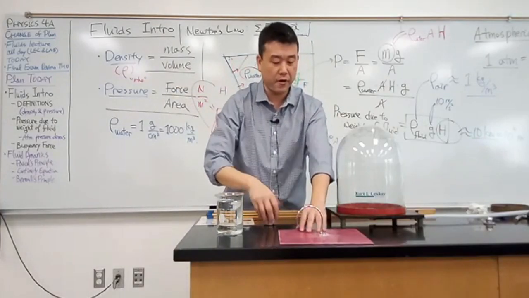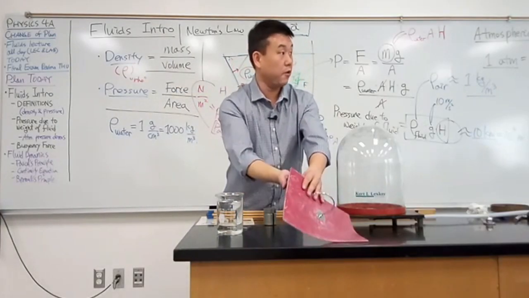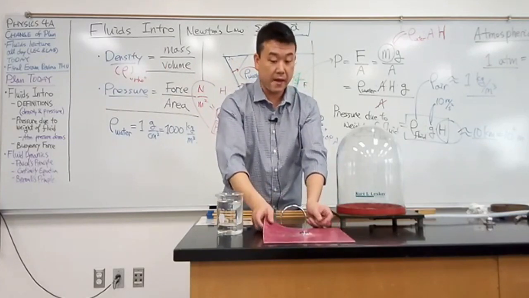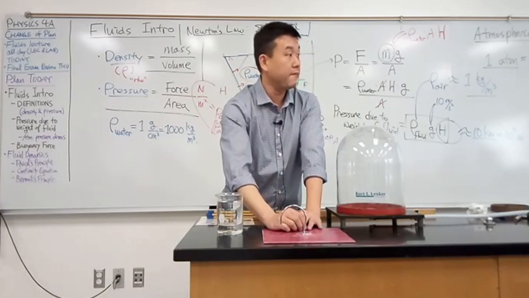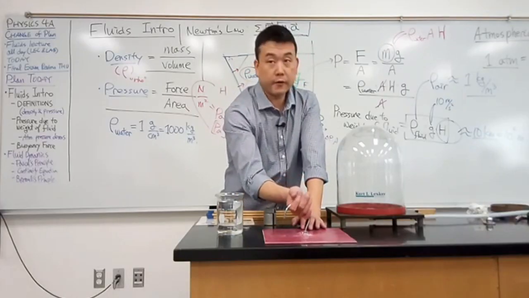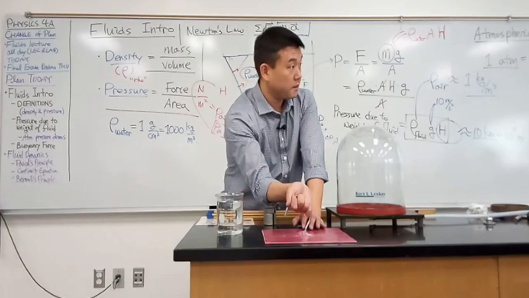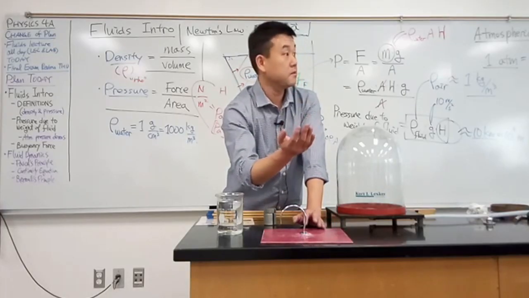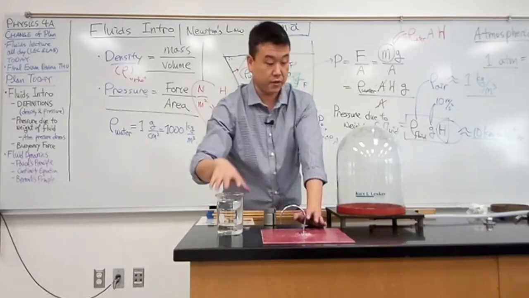Because when I lift a corner, then I'm letting the air flow, the pressure is equal on both sides, they kind of cancel out. When I lift it from the middle, I'm trying to overcome the atmospheric pressure with my own force. Because there's no air underneath to help me lift it, so it's all my own force that's doing it.